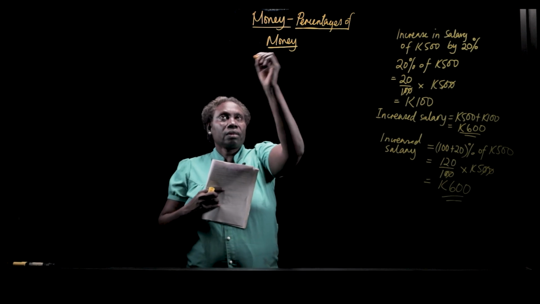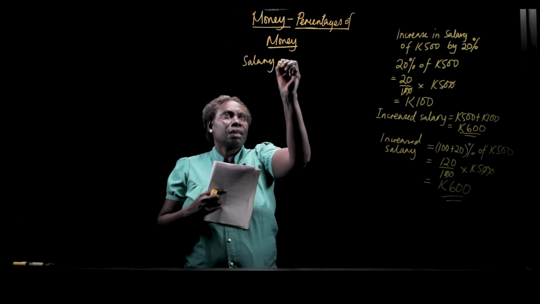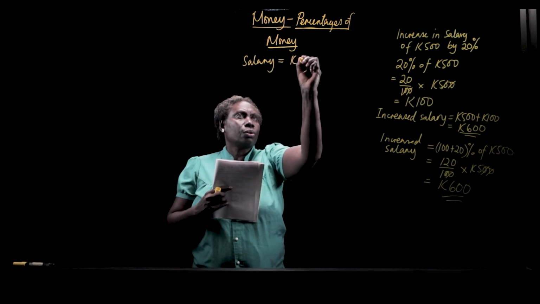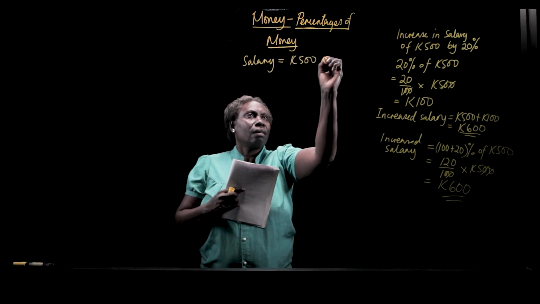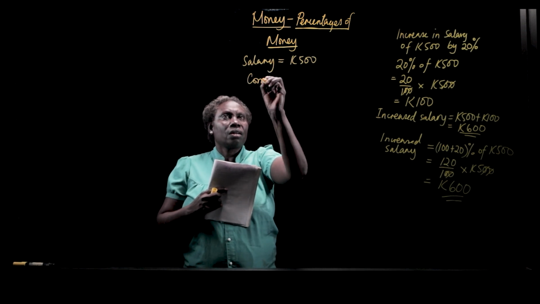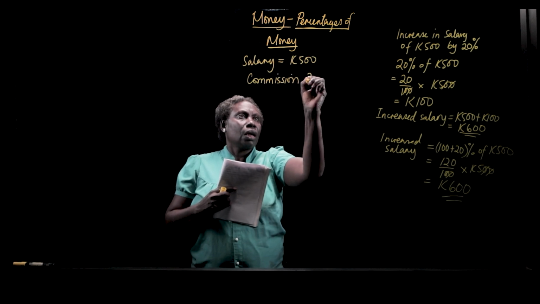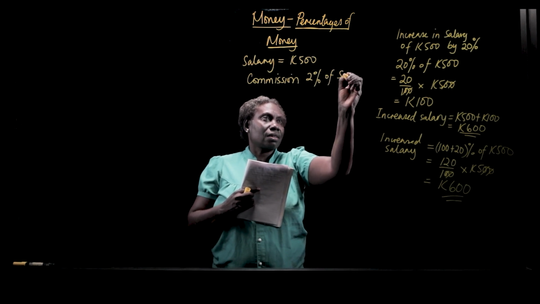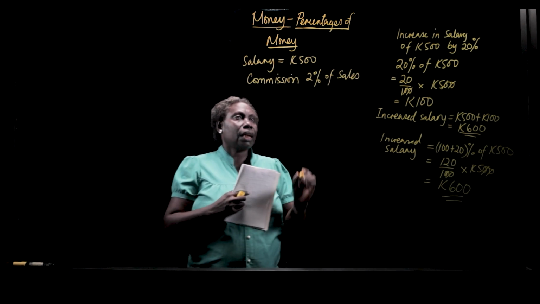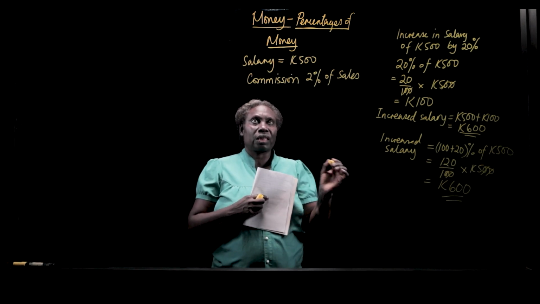So let's say his salary is equal to 500 kina, and commission is 2% of sales. In a fortnight, we want to calculate how much he is going to receive.